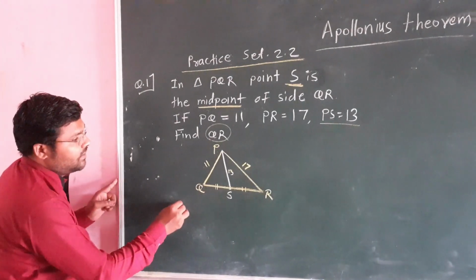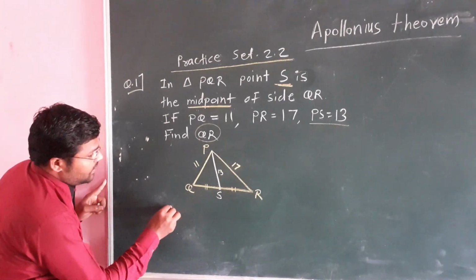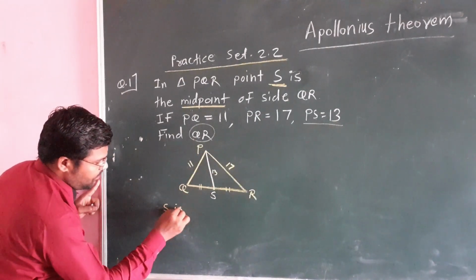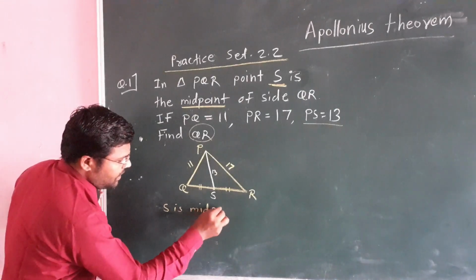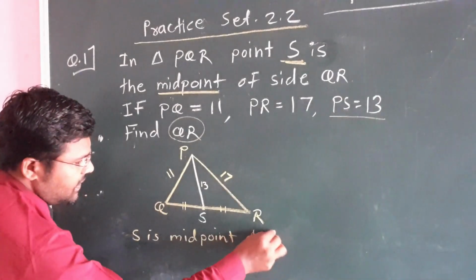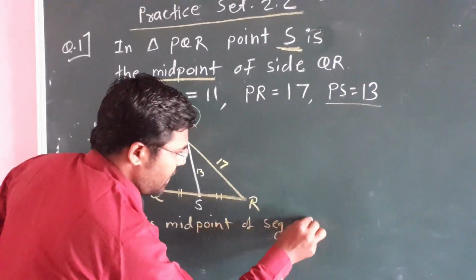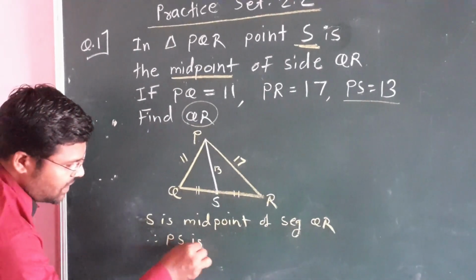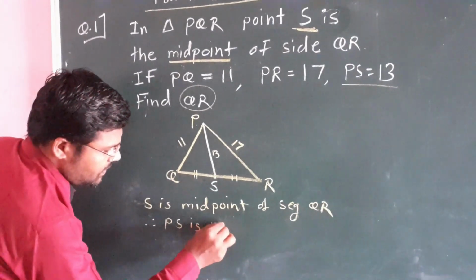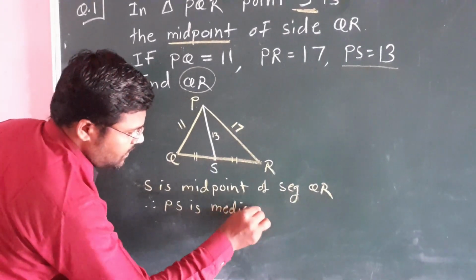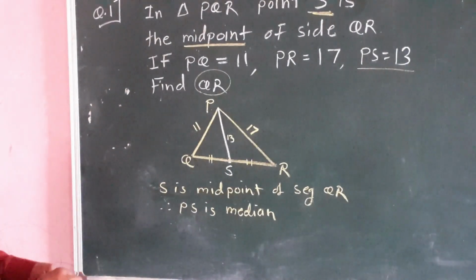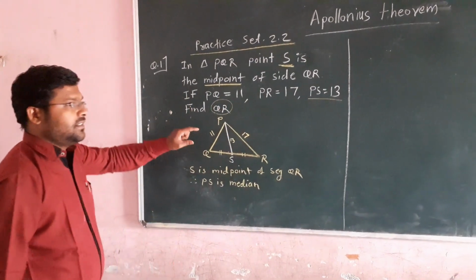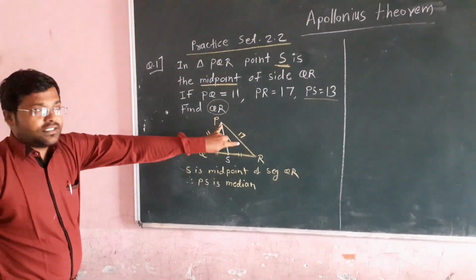In the given figure, S is the midpoint of segment QR. Therefore, PS becomes the median. Now, if PS is median, then use the Apollonius theorem. The Apollonius theorem says PQ square plus PR square.